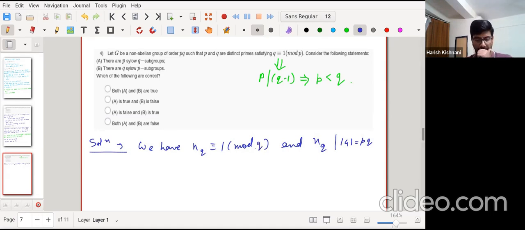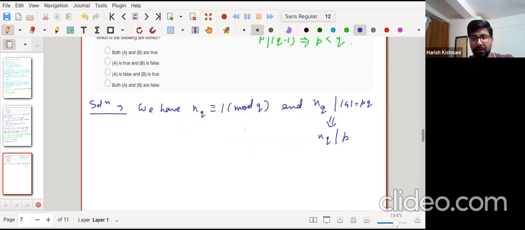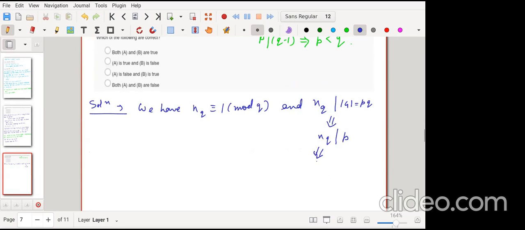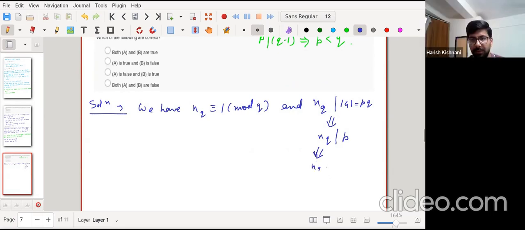So NQ is also a divisor of the order of G, which is PQ, but NQ and Q are co-prime. So this just implies that NQ is a divisor of P. But what are the possibilities for a divisor of a prime number? 1 and P only. So NQ is just 1 or P.